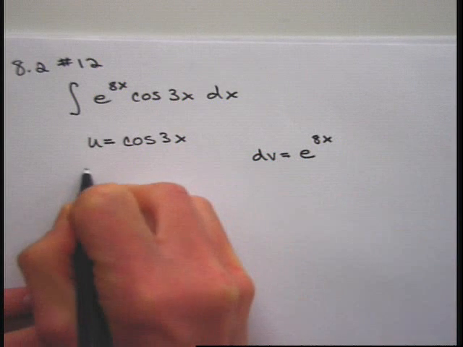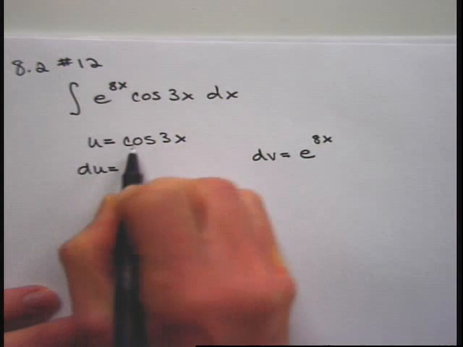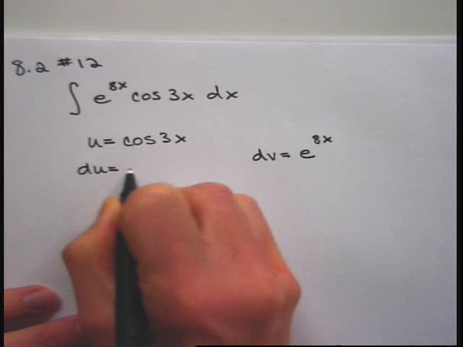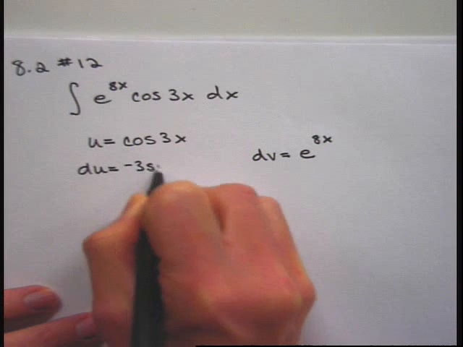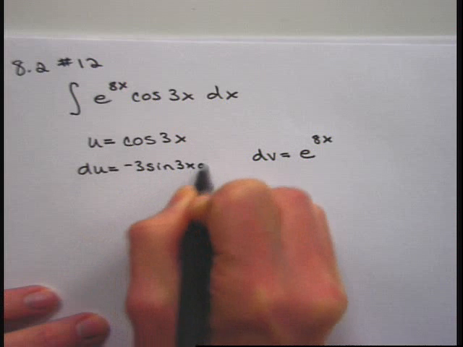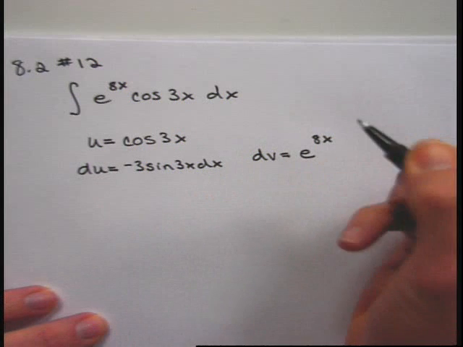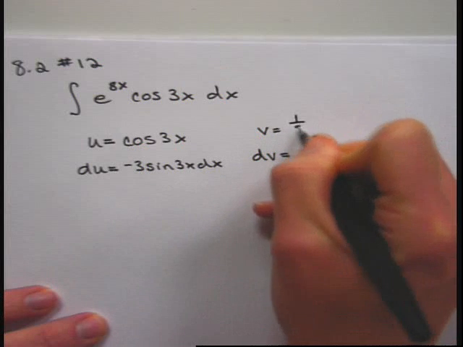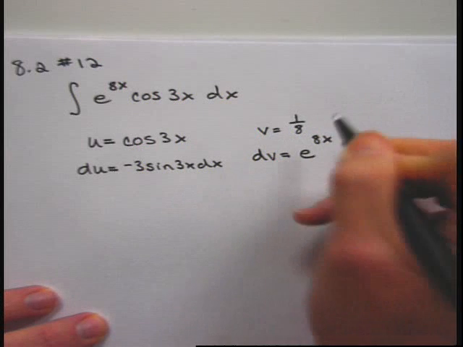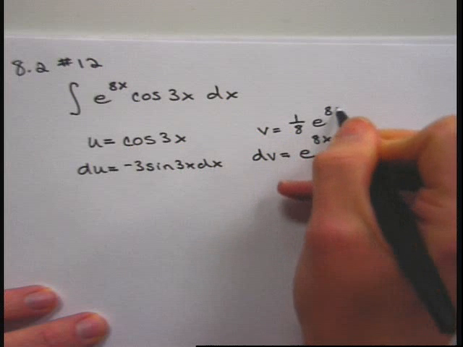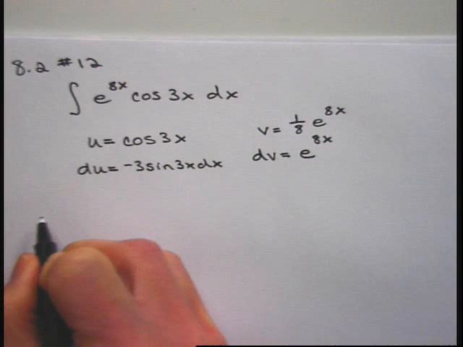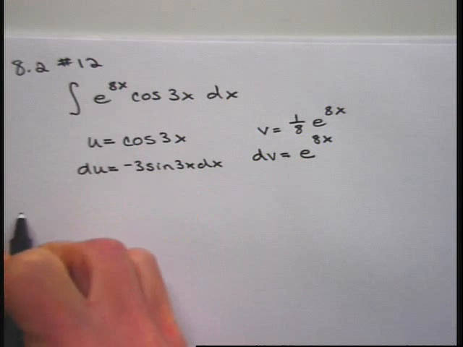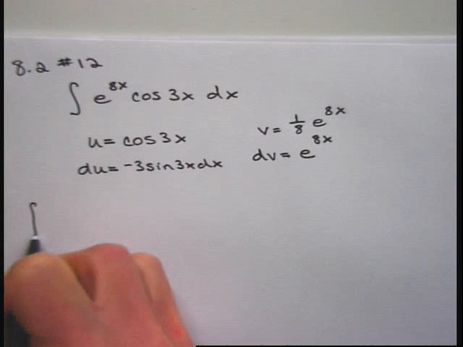All right, and so then du is, the derivative of cosine is negative 3 sine 3x dx, and then v is going to be 1/8 e to the 8x. It's important on these ones to actually write what you started with.